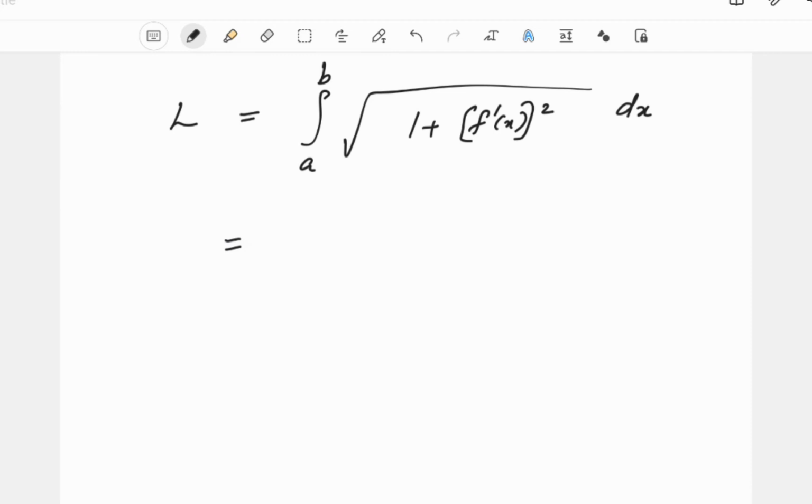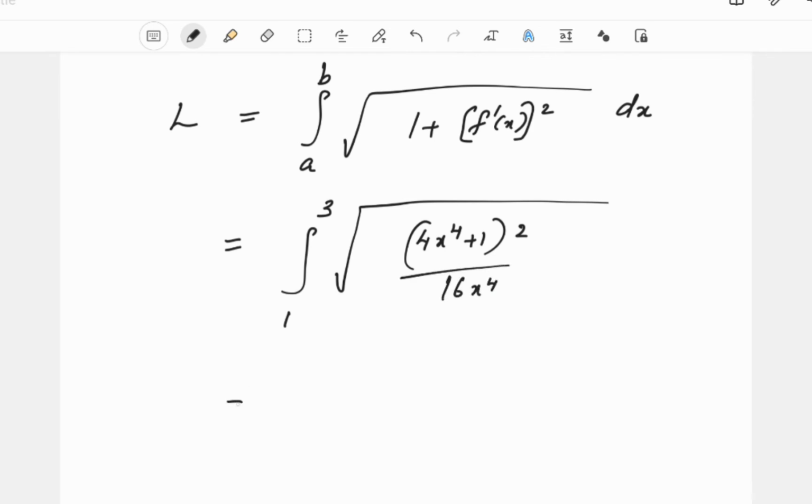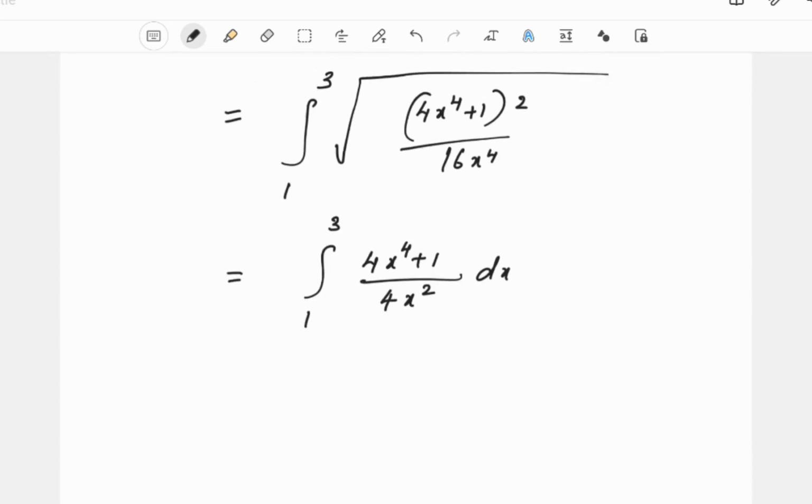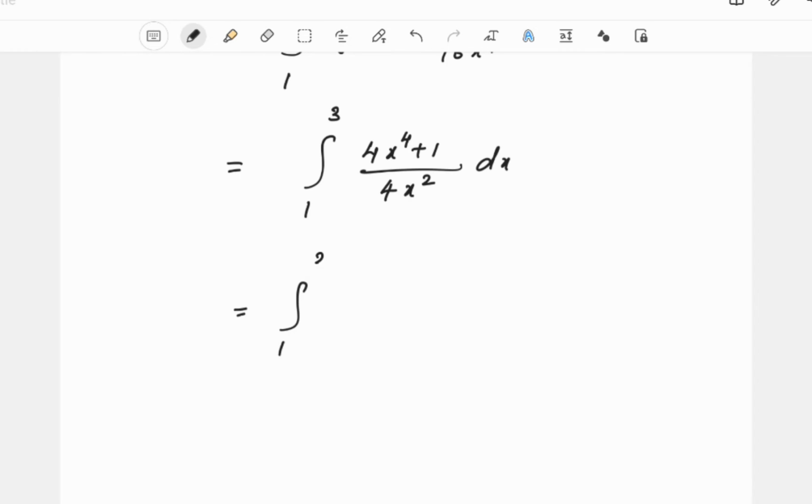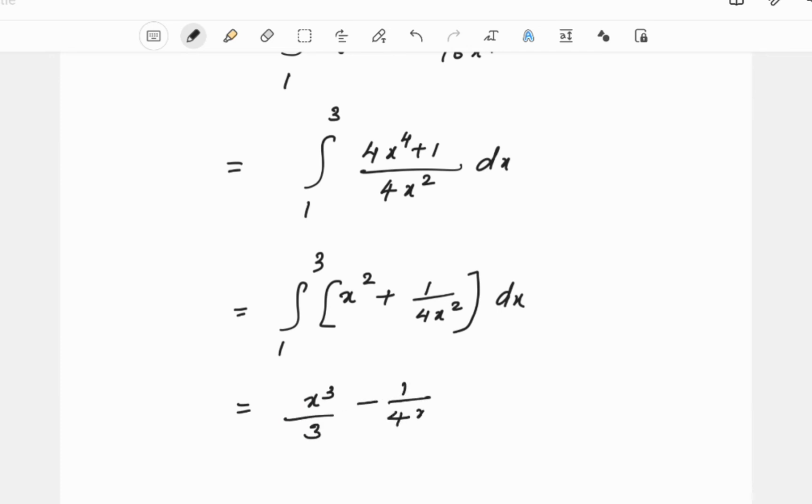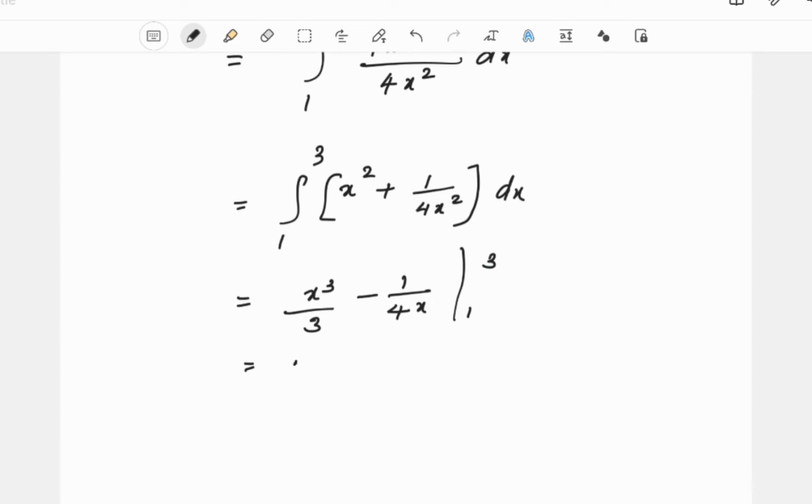That's equal to, here x varies from 1 to 3, therefore integral 1 to 3 square root of (4x raised to 4 plus 1) the whole square divided by 16x raised to 4, or that's equal to integral 1 to 3 (4x raised to 4 plus 1) the whole divided by 4x square dx, or that's equal to integral 1 to 3 x square plus 1 by 4x square dx, and the integral is x cube by 3 minus 1 by 4x from 1 to 3, and by substituting these values we obtain 53 by 6.